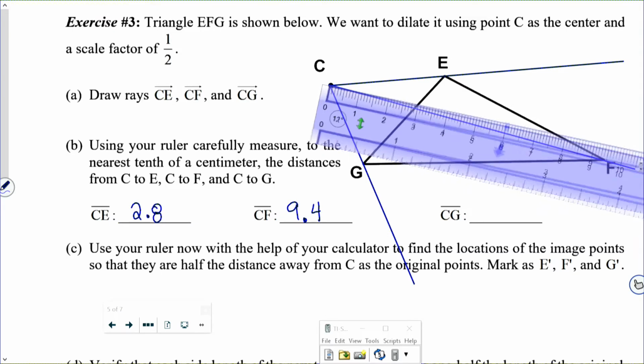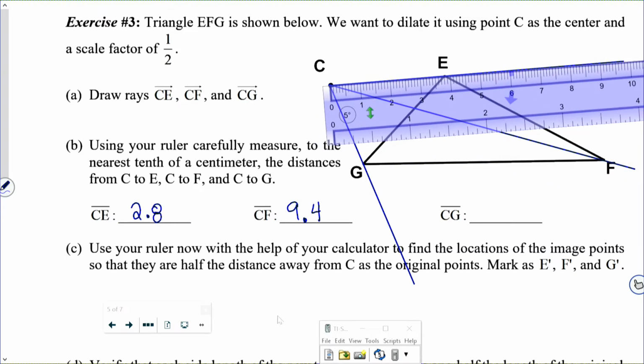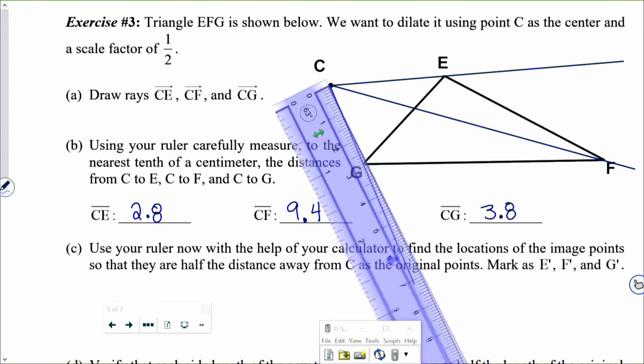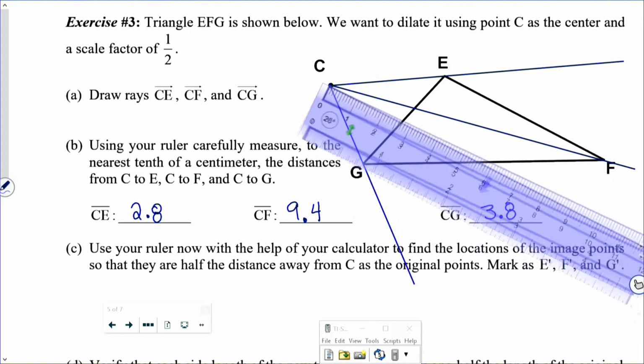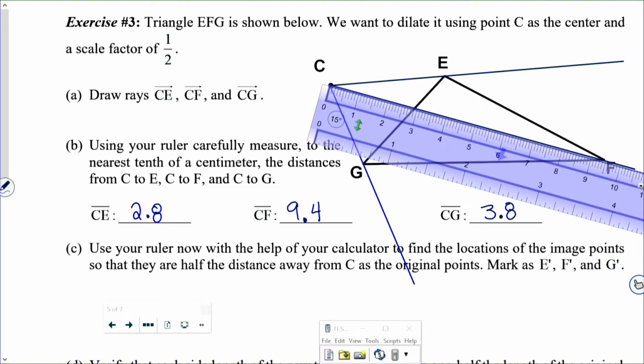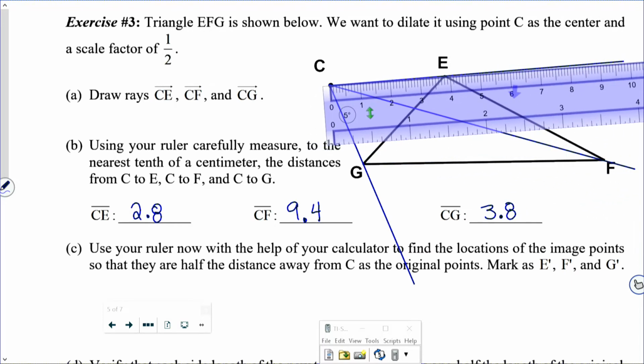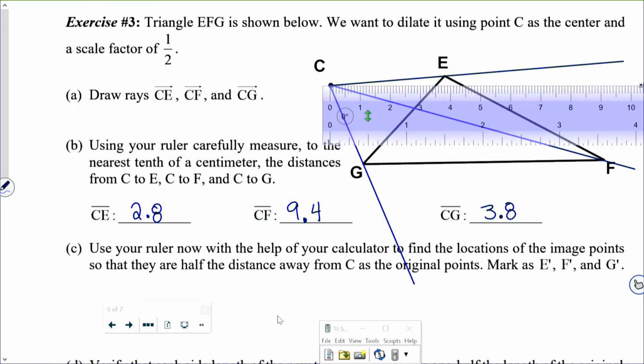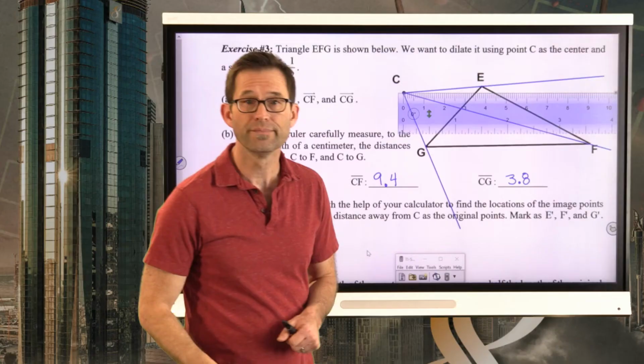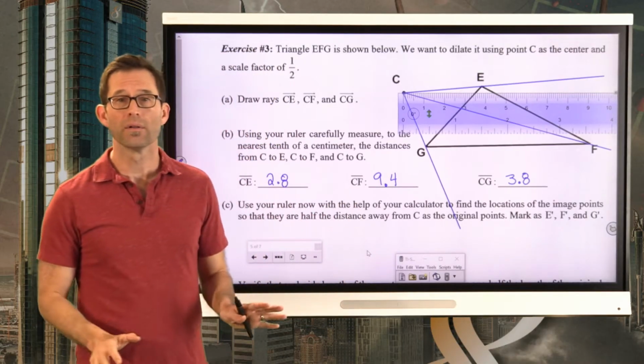And CE looks like that is 3.8. Let me just double check. Yep, looks like 2.8, 9.4. Never hurts to recheck, 3.8.